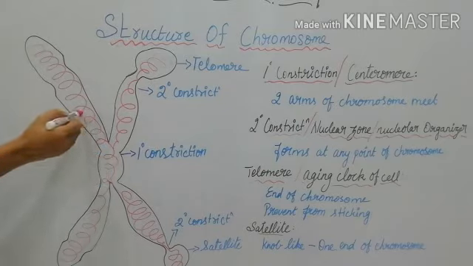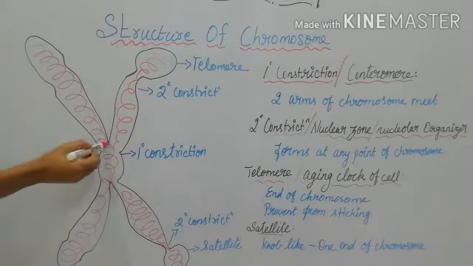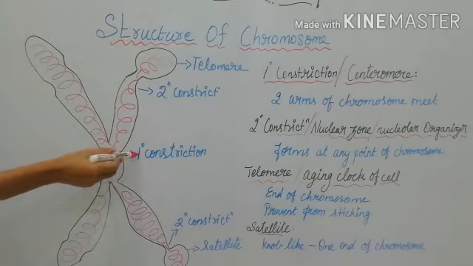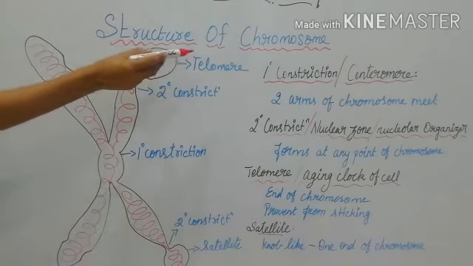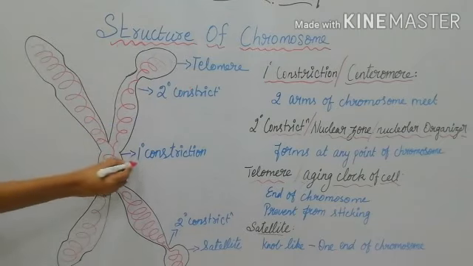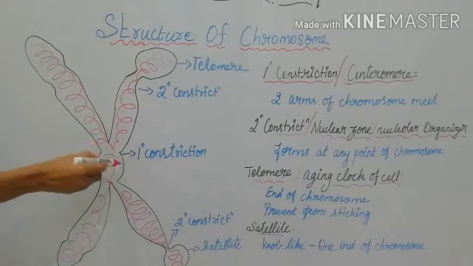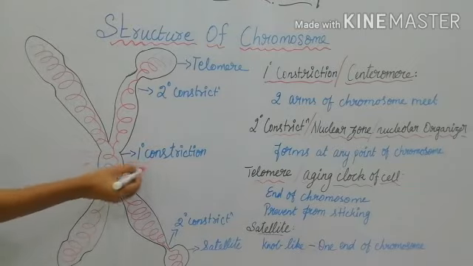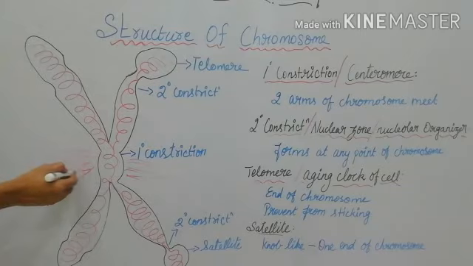That is, when the two chromatids meet at a point, the primary constriction is formed. The primary constriction is also known as the centromere. During cell division, the spindle fibers will attach to the chromosome at this place, in the centromere only.